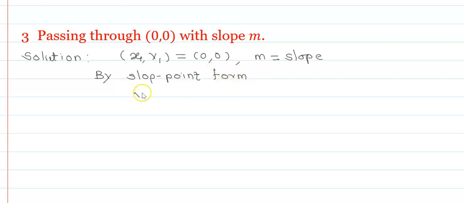what is the slope point form? y minus y1 equals m(x minus x1).